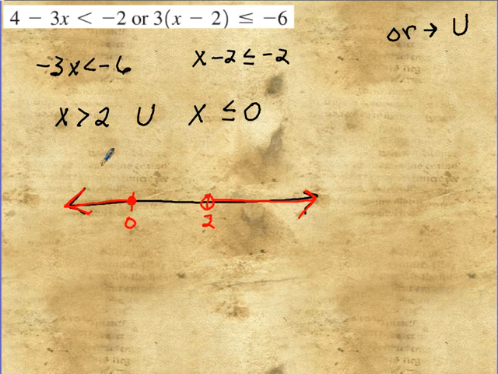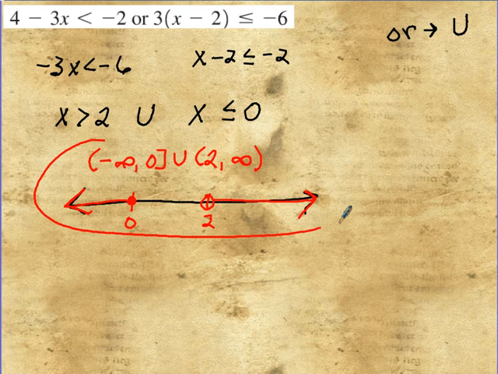That would be all the numbers from negative infinity up to 0, including 0. Union all the numbers from 2 to positive infinity. Those are the solutions. Pretty much every number except for these is the solution to this compound inequality.